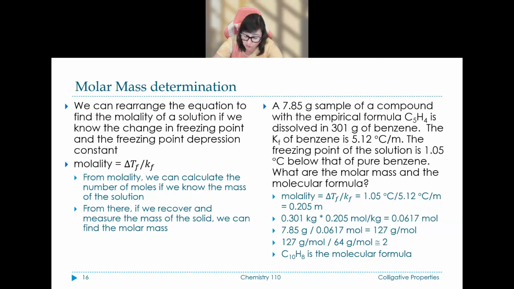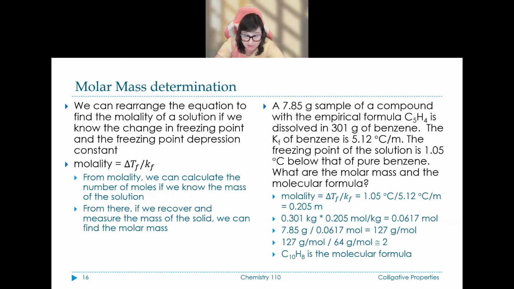Because I have 12.01 times 5 plus 4 times 1.01, and that gives me 64. If I'm not mistaken, I'm just going to double check because I'm being paranoid. 64, yep.